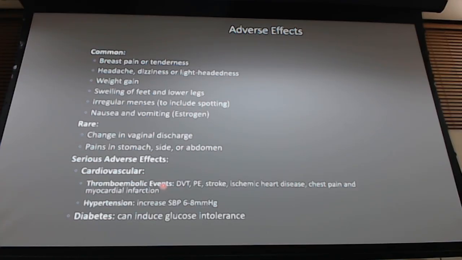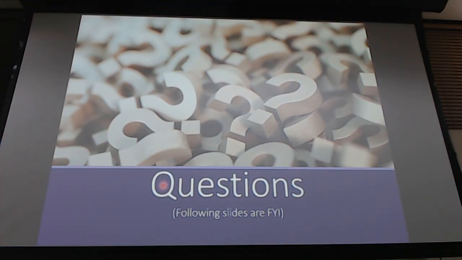And then looking at your patients who have diabetes, you can see that this is worsened whenever they are on contraceptives because it can make them have intolerance to glucose. Okay, so those are bigger things that we're looking at. Remember that you're likely to see a lot of spotting and discomfort immediately after placing an implant or an IUD, and that we will see that subside over time. Okay.